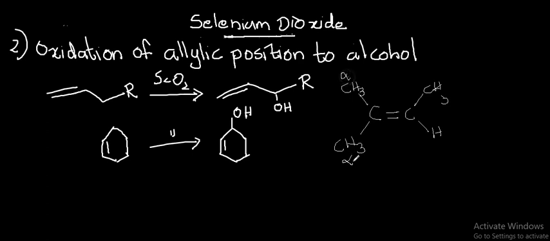This is an allylic position, and this is an allylic position, and this is also an allylic position, in which the most substituted sp2 carbon, that is this carbon, undergoes oxidation.